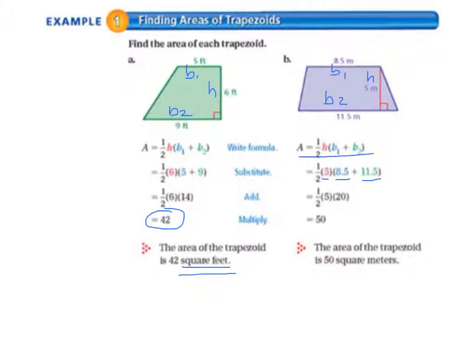We add first because of order of operations. So we have 20. That's what was in our parentheses. And then we multiply. 20 times 5 equals 100. And we multiply that by 1/2. So that's the same as dividing by 2. And that equals 50. So the area of the trapezoid is 50 square meters.